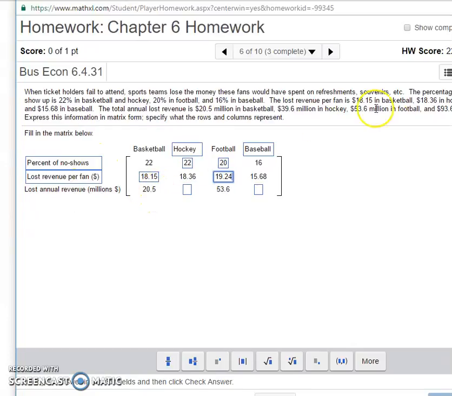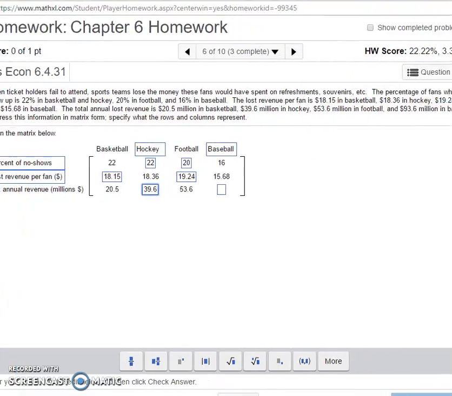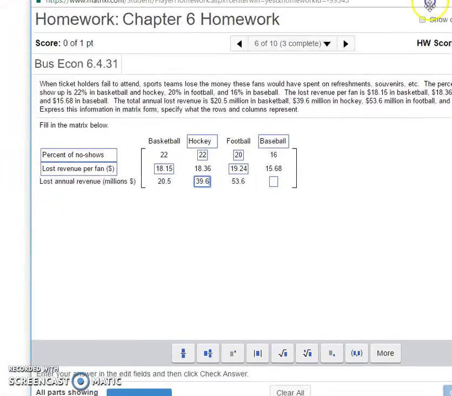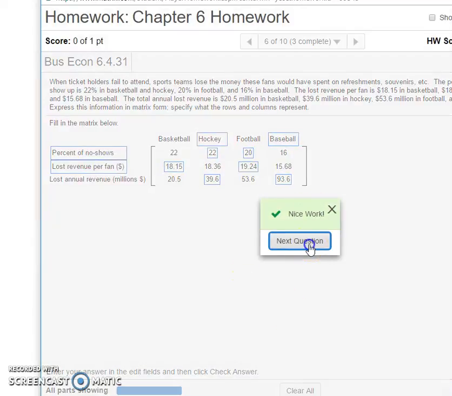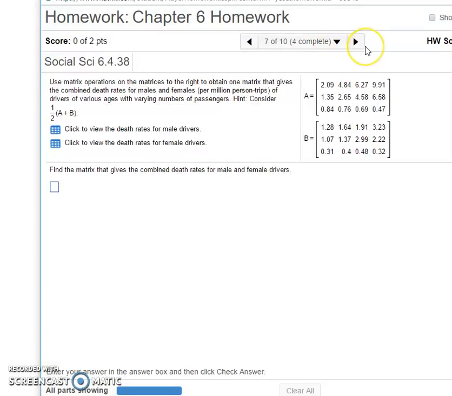Lost annual revenue is 20.5 million for basketball, 39.6 million for hockey, 53.6 for football, and 93.6 million for baseball. So that's what they're looking for there. The other one is going to be to add the two matrices and multiply by 1/2, or divide by 2.